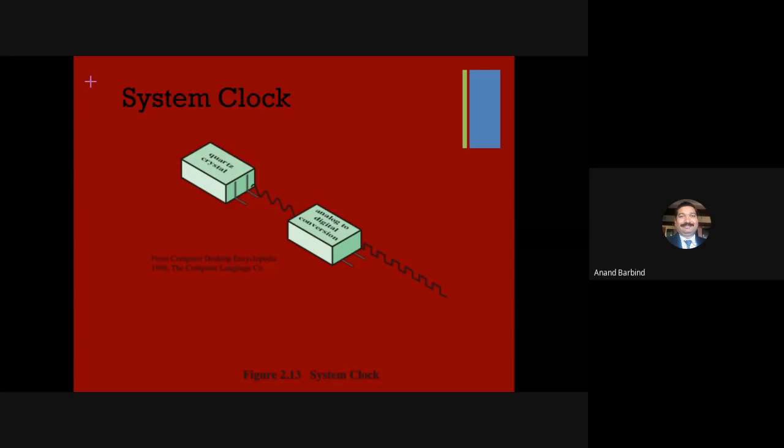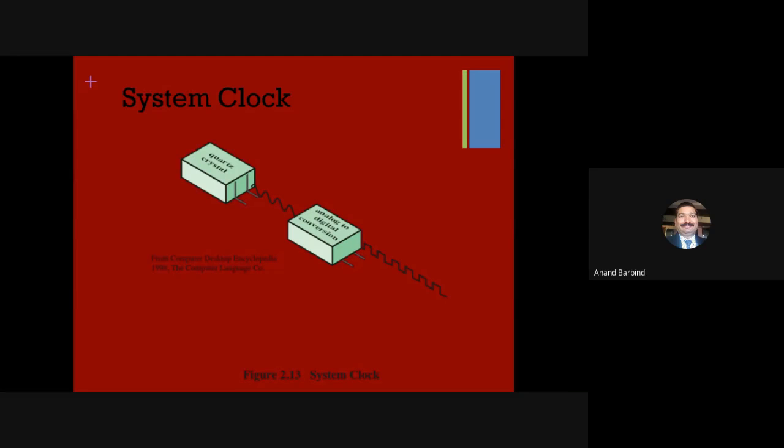The speed of execution, as you may be aware, depends on the system clock. In digital electronics, we discussed sequential circuits, that is the counters. So what is a counter?